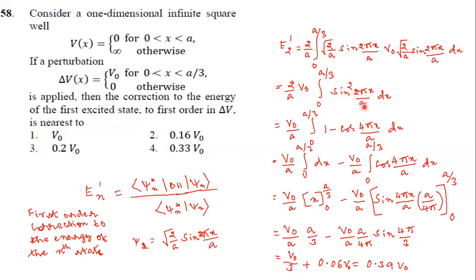By the earlier relation, 2 sine square theta is equal to 1 minus cos 2 theta. Then you do the integration separately: V naught by a into dx minus V naught by a cos 4 pi x by a. Then you simplify and you will get the answer as V naught by 3 plus 0.06 V naught, which is equal to 0.39 V naught, which is close to this answer.